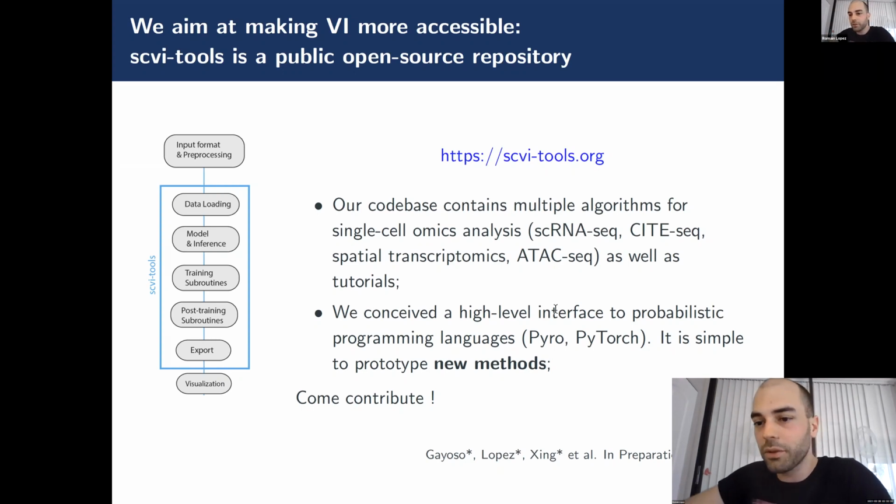And we created something called scVI tools, which for users contains a lot of tools for analyzing single-cell omics data, but for model developers also contains an interface to probabilistic programming languages. And so it's very easy to change a variational inference procedure in 1 line of code or craft a new VAE. I think we implemented between 10 and 13 generative models inside of this code base. So I would highly encourage you to have a look if you think that's interesting.